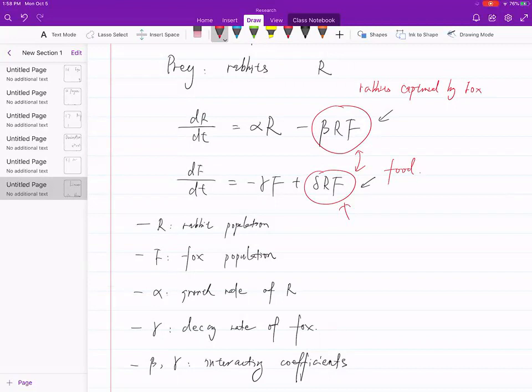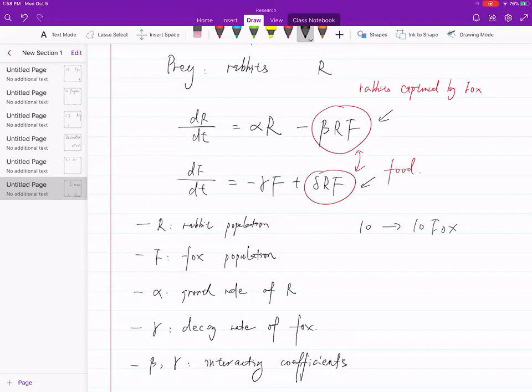Now just keep in mind, even if a fox captured 10 rabbits, it doesn't mean that you're going to increase the fox by 10. Then you have a hidden assumption that one rabbit can feed one fox. Sometimes the ratio can be 5-1 or 10-1, depends on how much food they need.